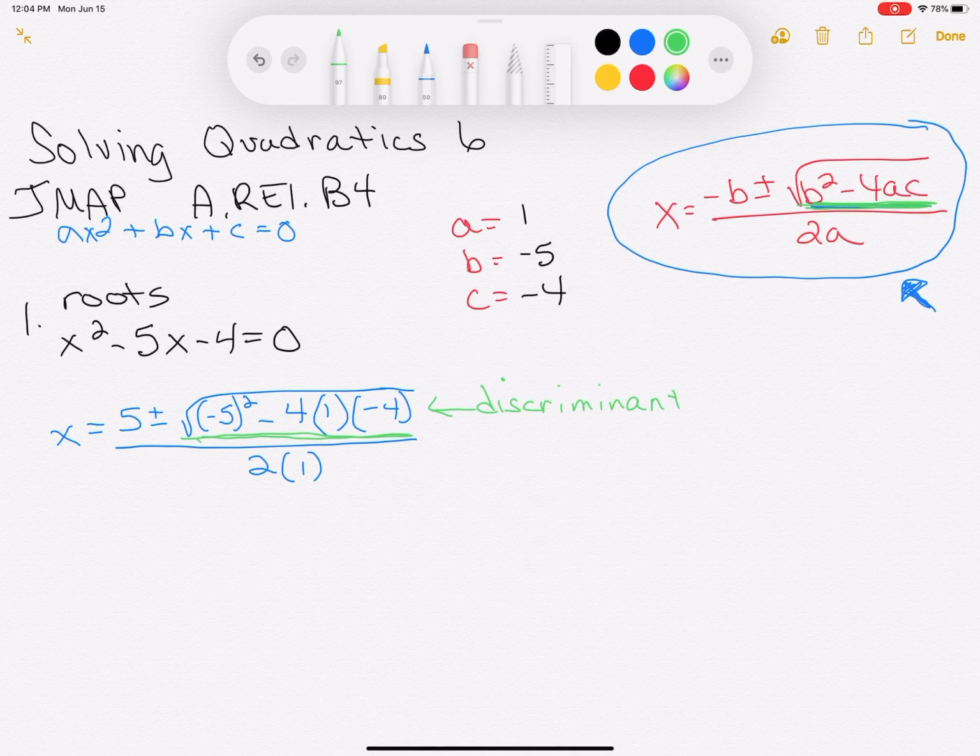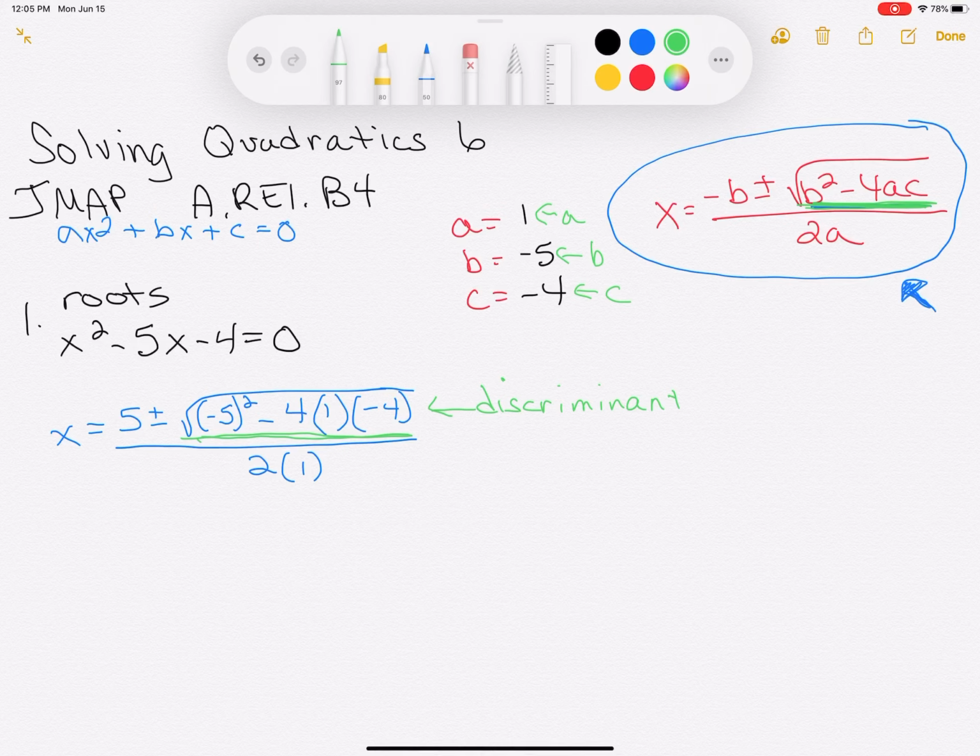Anyway, you can put that discriminant right into your graphing calculator by storing 1 in for A, -5 in for B, and -4 in for C. And then you have to type b squared minus 4 times a times c to make sure that it works in your graphing calculator.